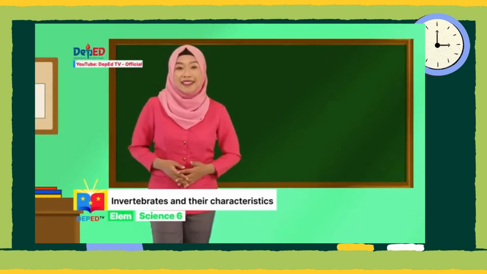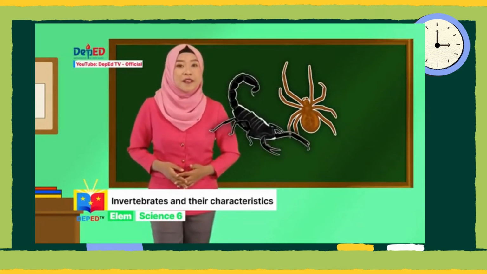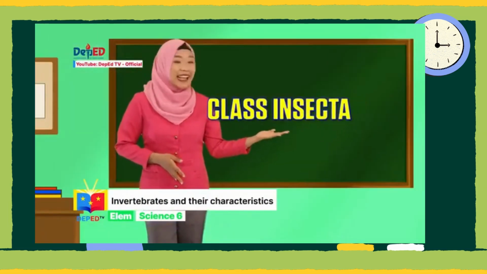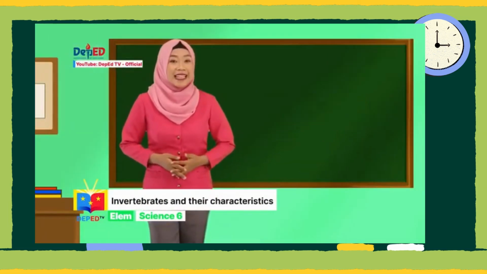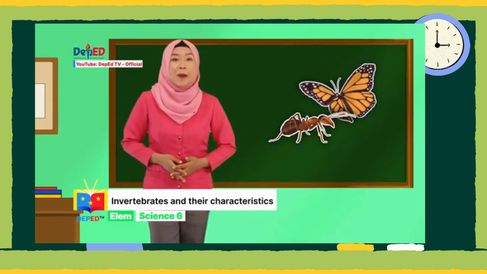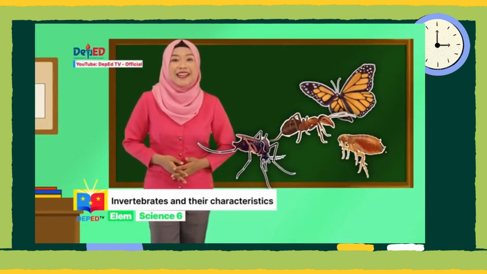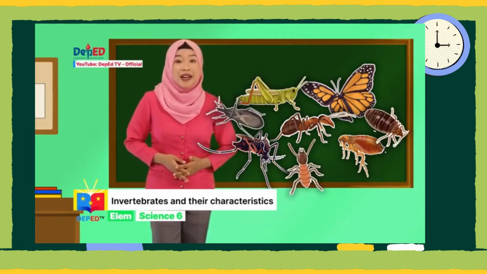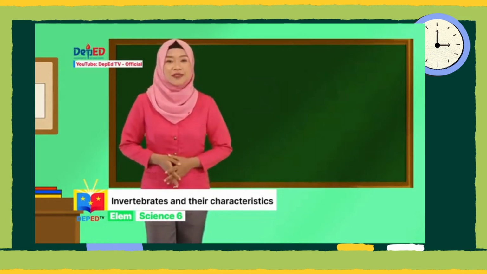The examples are spiders, scorpions, and mites. Third, class Insecta. It has 3 pairs of legs. The examples are ants, butterflies, mosquitoes, fleas, grasshoppers, termites, bees, bugs, and beetles.